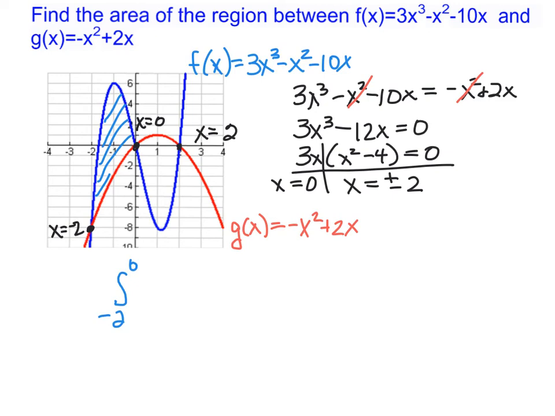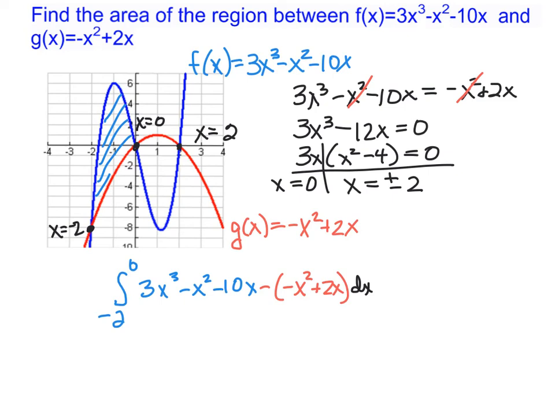For this one, the blue curve is on top, so 3x cubed minus x squared minus 10x. The red curve is on the bottom, so I'm going to subtract the function negative x squared plus 2x. And we'll put our dx at the end.